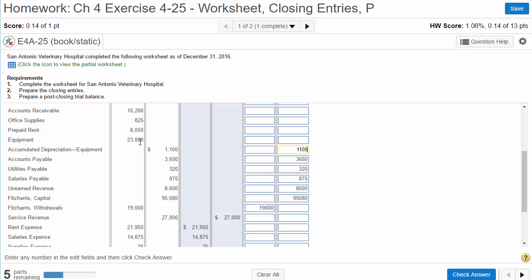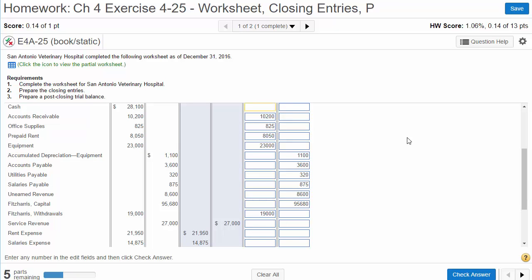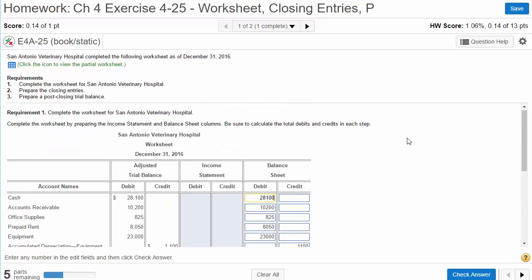And then notice that these assets are on the debit side. So we got 23,000, 80, 50, 825, 10, 200, 28, 100, and that looks like that's it.